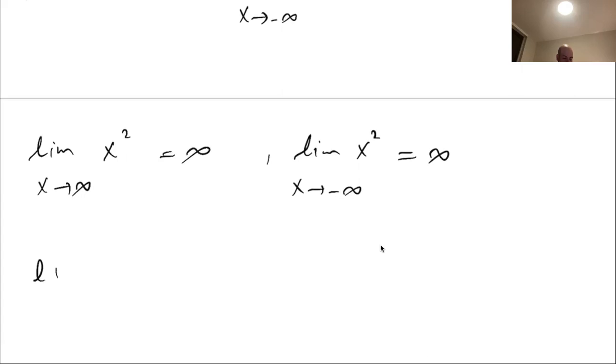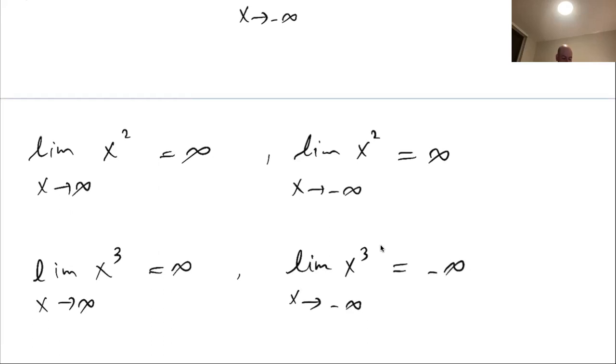What about x cubed? The limit of x cubed as x goes to infinity is infinity. And the limit of x cubed as x goes to minus infinity is minus infinity. See, there's power 3 here, which will keep the minus sign. So if x is minus 10, then minus 10, the whole cube, is the output.